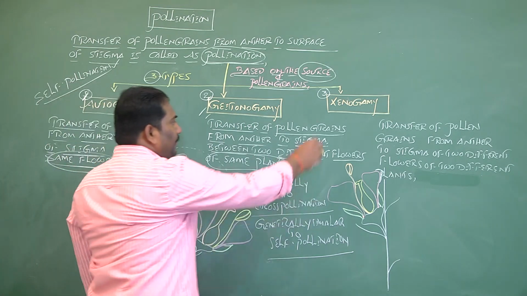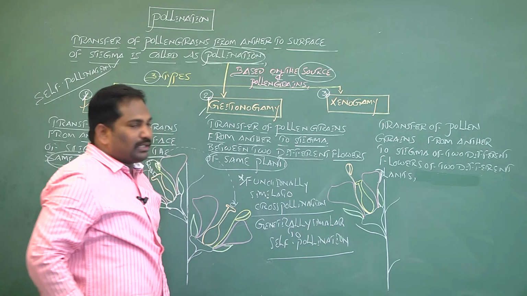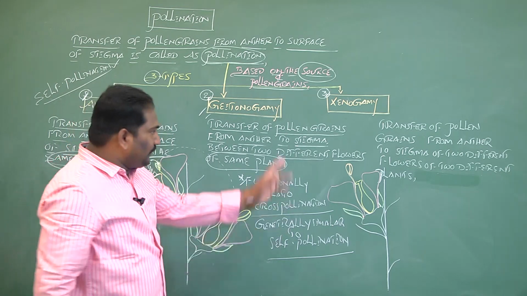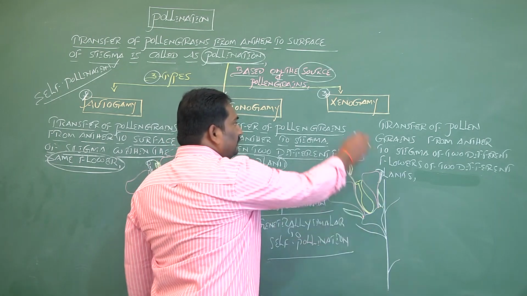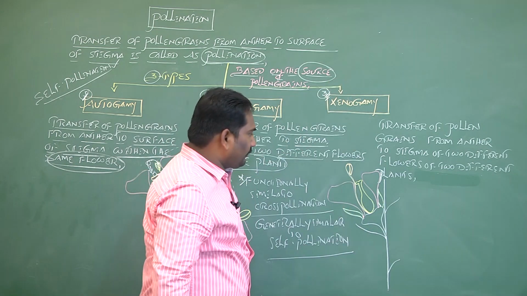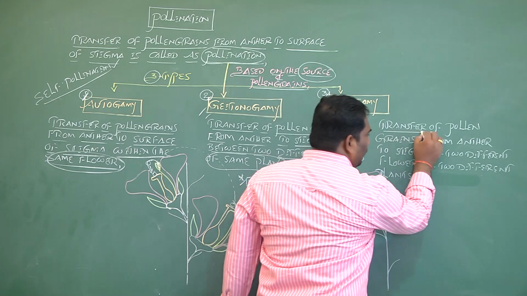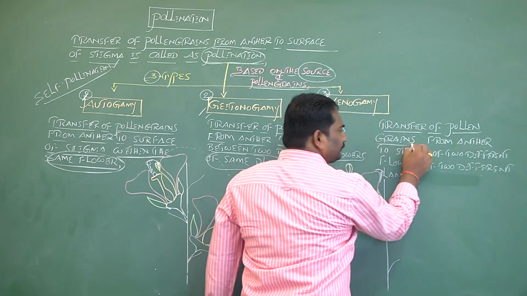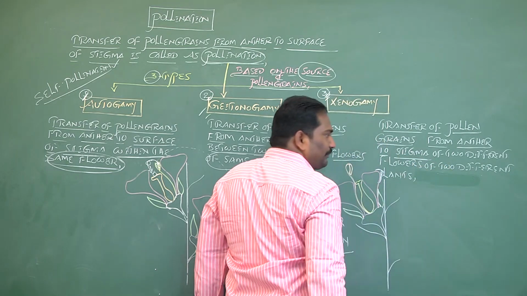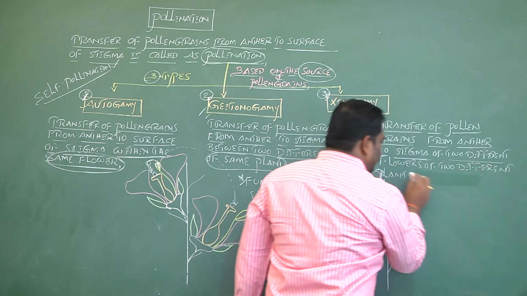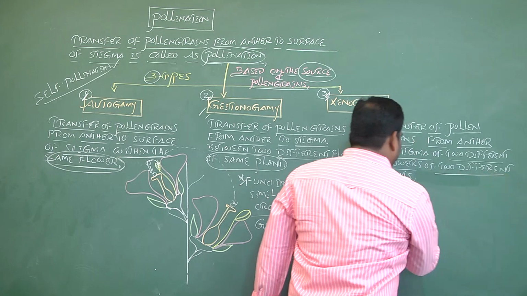Let's come back to the third type of pollination in flowering plants, that is xenogamy. Xenogamy is the transfer of pollen grains from anther to surface of stigma between two different flowers of two different plants.